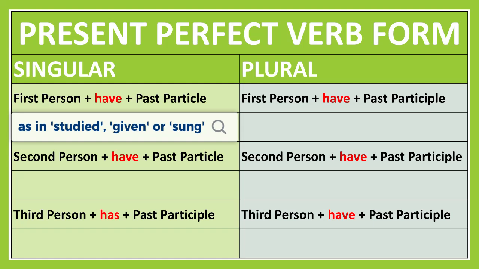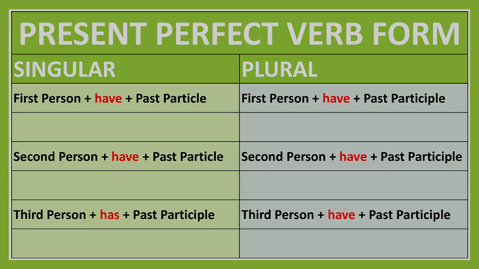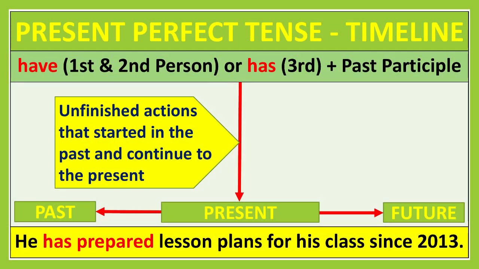In contrast, the third person plural follows the same structure as the first and second persons. Examine the timeline to grasp the structure of the present perfect form and its usage.